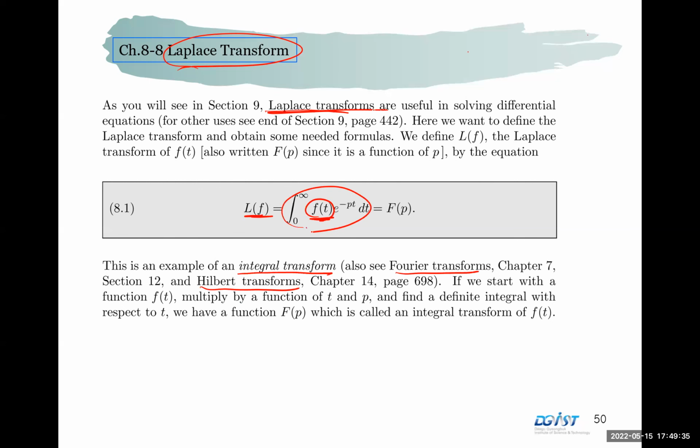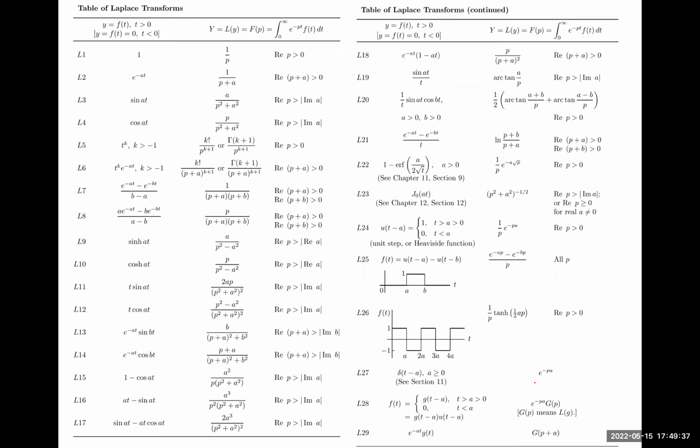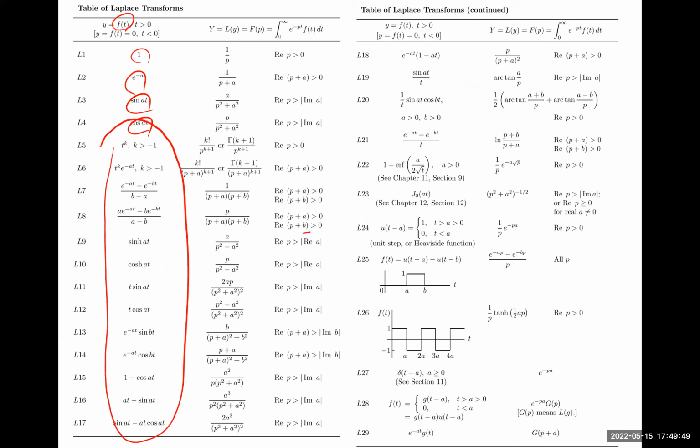So let's take some examples. For the given f here, these are very useful functions which we usually use in many cases. There are so many examples.